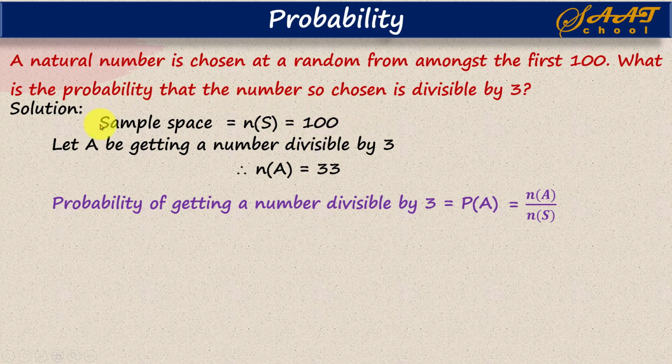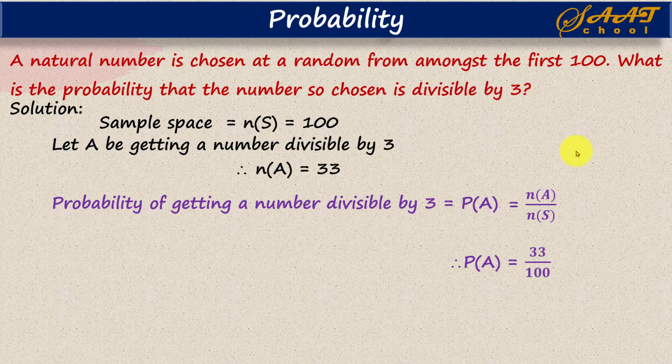Again remember, the sample space represents the possible outcomes. Here n(S) is 100, and this n(A) represents the favorable outcomes, which is 33. So if you put in the values, that is simply 33 divided by 100.